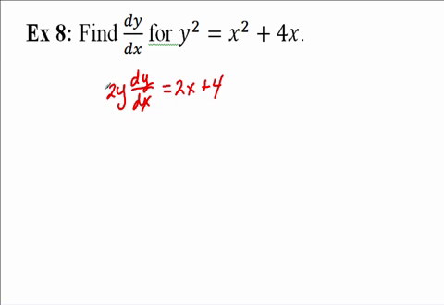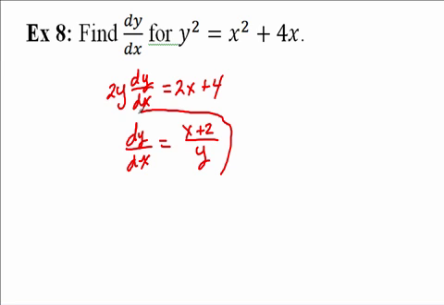Well, that's not bad, because really all we have to do is divide by 2y. And I'm going to go ahead and simplify. Since I see a 2 here, a 2 here, and a 2 there, I can simplify this to (x plus 2) over y. Not bad, is it? Well, let's see what the next example has to bring us.